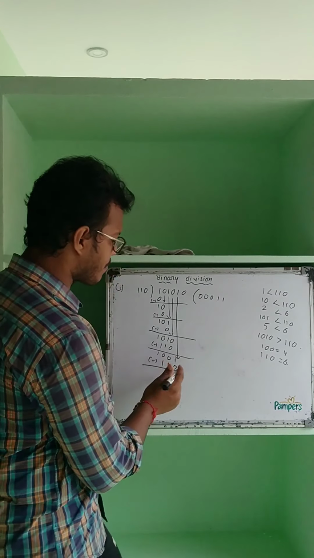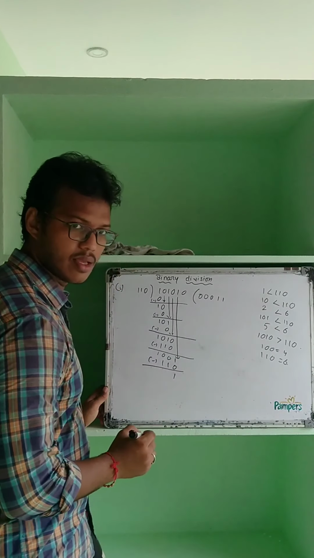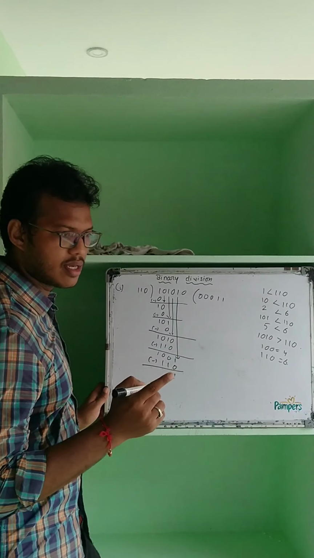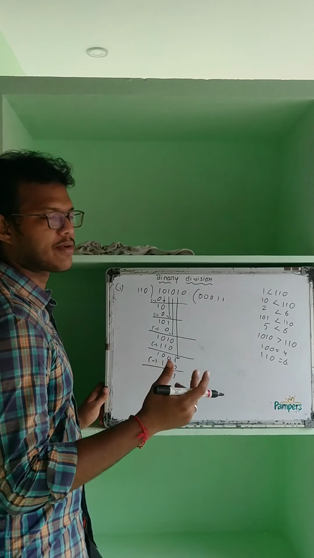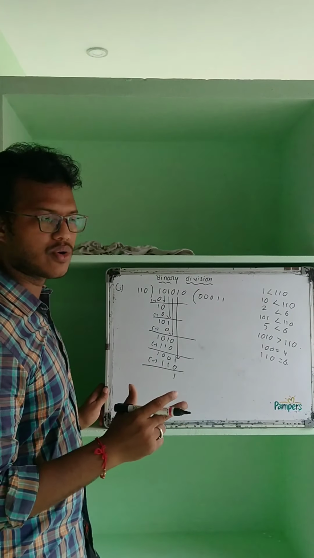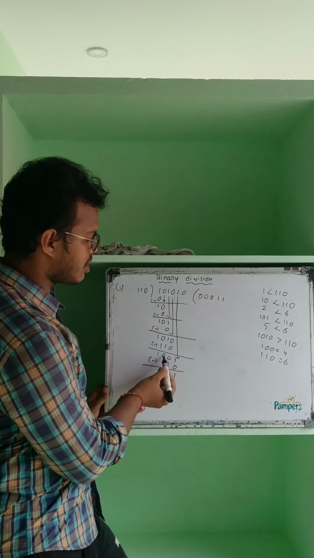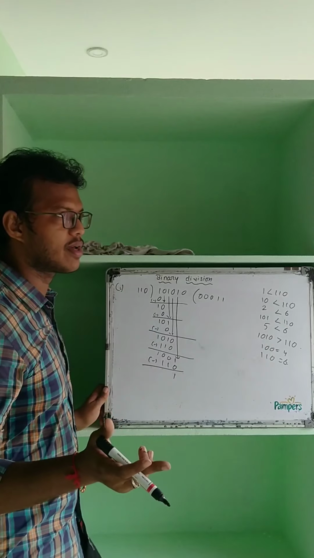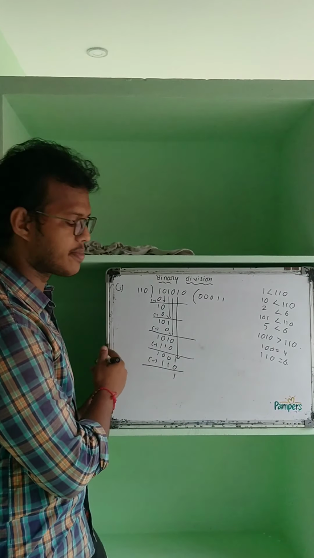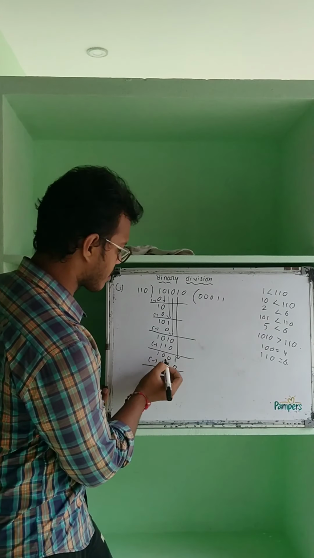So if we do subtraction, 1 minus 0 is 1. Okay. So 0 minus 1, the subtraction is not possible. So what we have to do is take the borrow from the next digit. If the next digit doesn't have a borrow, go for another digit.